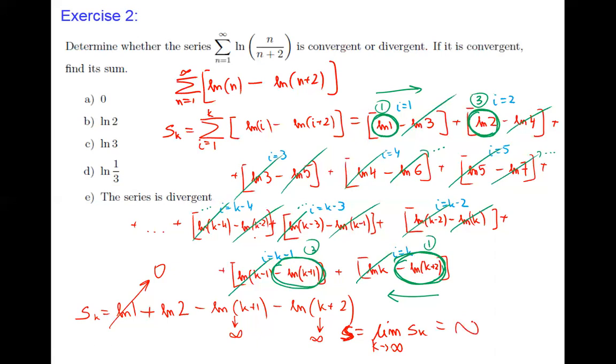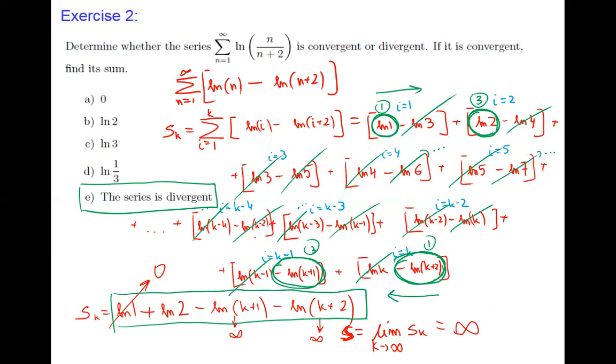That means what we have? We actually have not a finite number, we have infinity. This infinite series, telescoping series, is divergent. Okay, it's divergent. But one more time, it's important to note that that was the partial sum, S sub k.